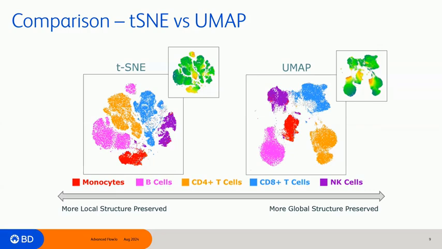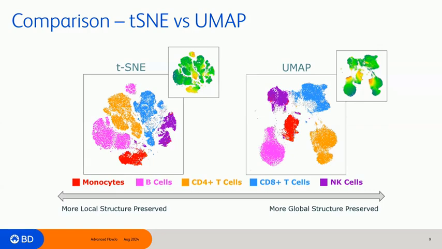And now looking at UMAP, it's a more balanced approach, preserving both local and global structures of the data. It's highly scalable and efficient, so it runs faster and can handle larger data sets better than t-SNE. This makes it a practical choice if you're analyzing a large data set.